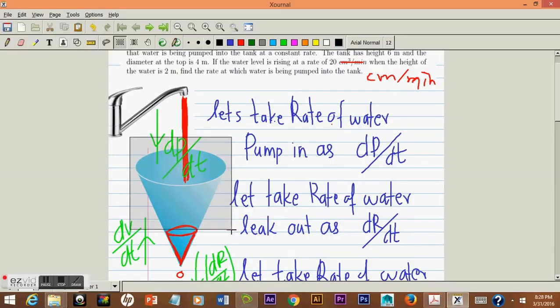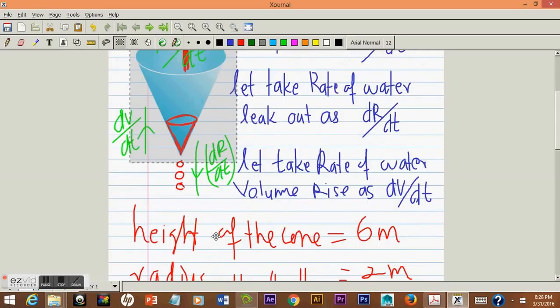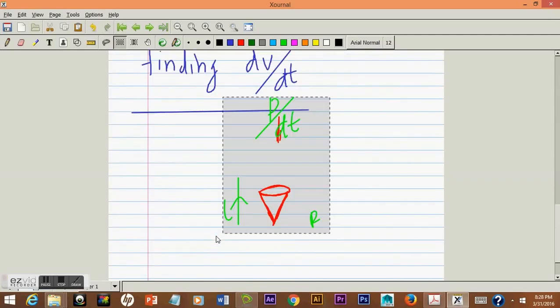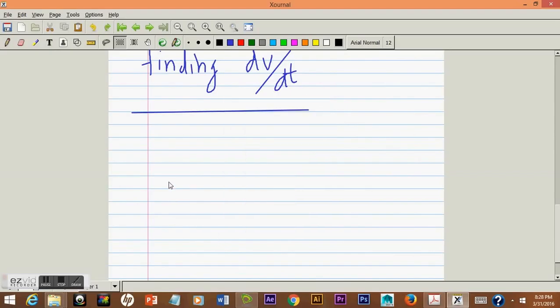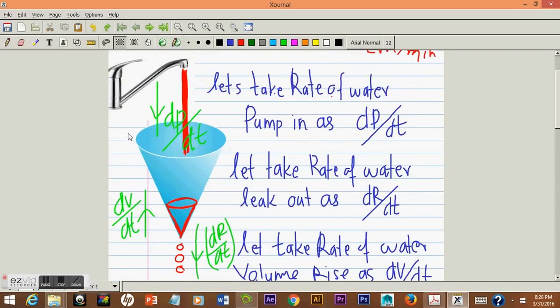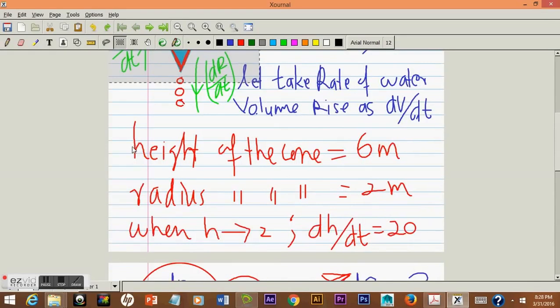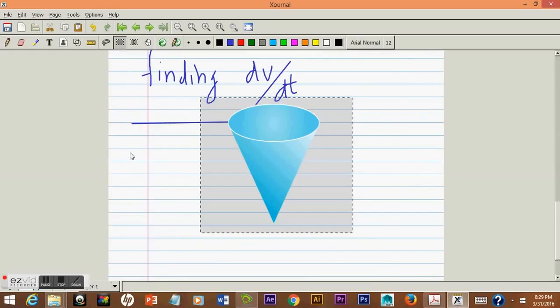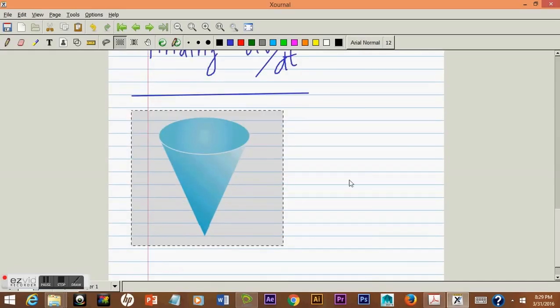It's a bit difficult. So I'll try to paste it here. Oh, sorry, I didn't get it. So try it again. Okay, I got it. I copy and paste this cone. Yeah, I got the cone. So we have the cone here.